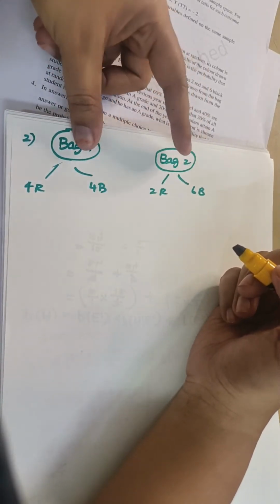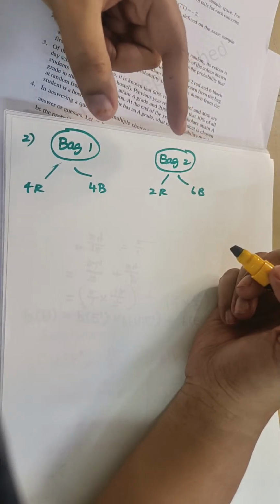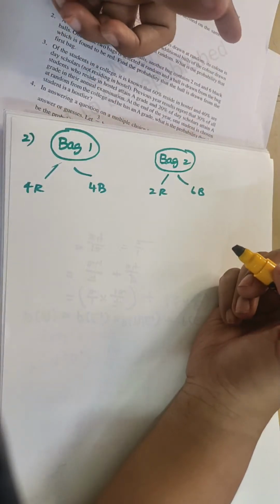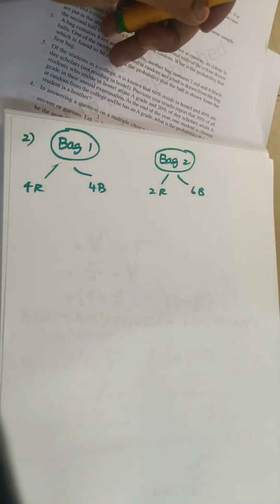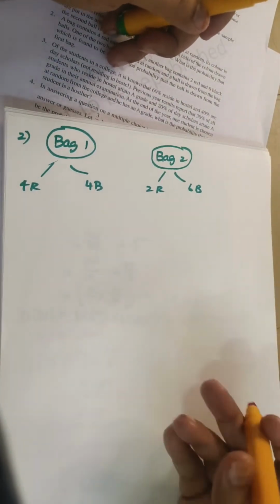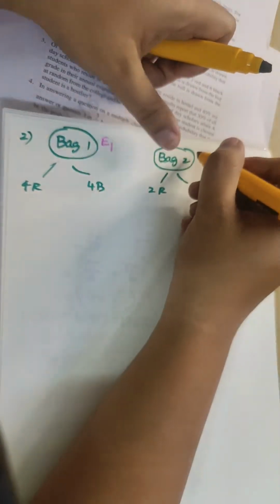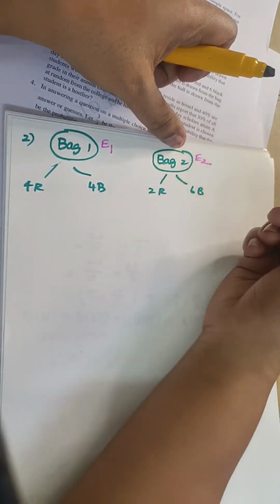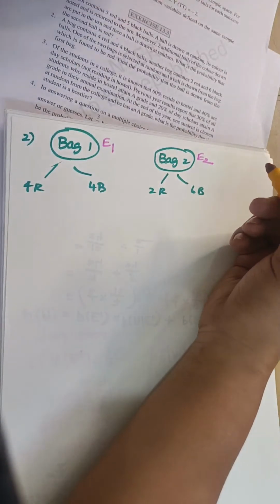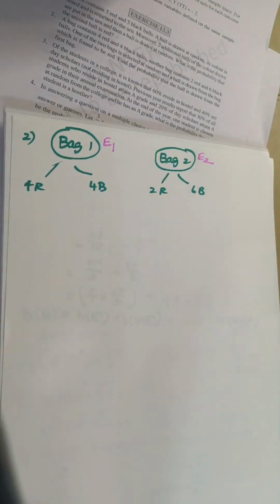As I'm involving the probability of bag 1 and bag 2, I am going to assign the event E1 as ball drawn from bag 1. Let E2 be the ball drawn from bag 2.